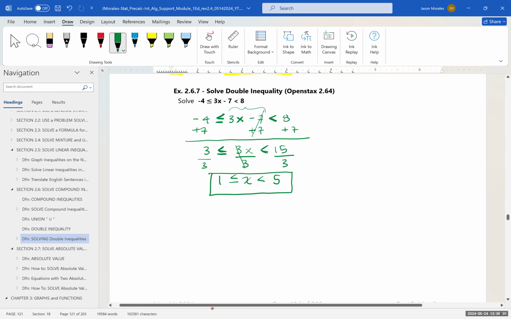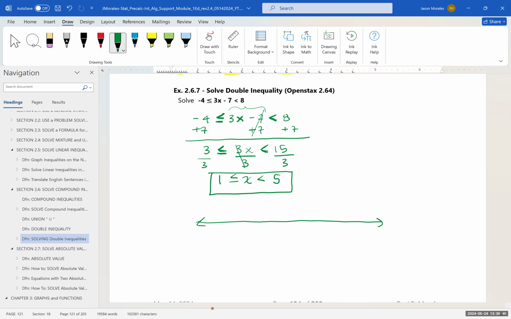Let's see how this looks on a number line, and then we'll write this in interval notation as well. We've got 0, 1, 2, 3, 4, 5. x is greater than or equal to 1, so if it's equal to 1, it's going to be a bracket, and it's greater than that, so we know we're going in this direction.